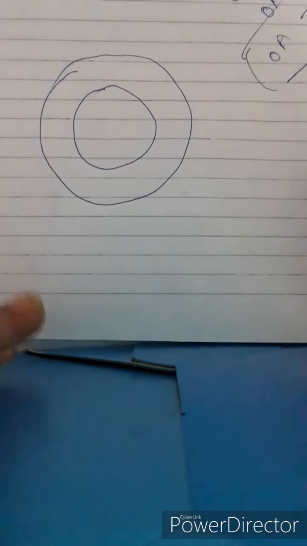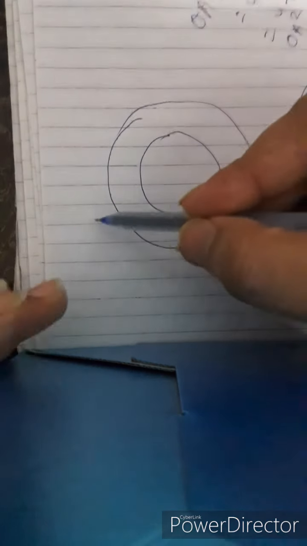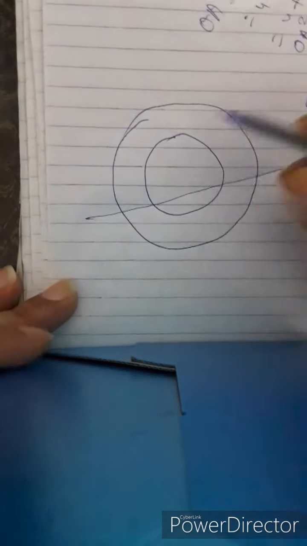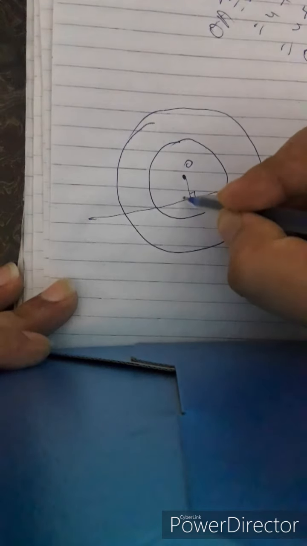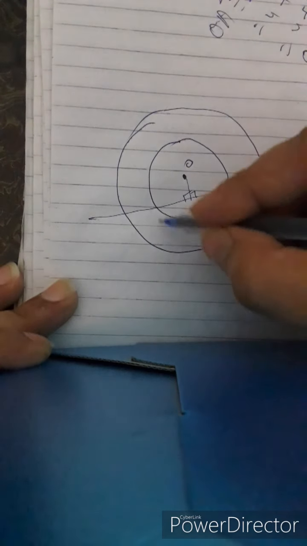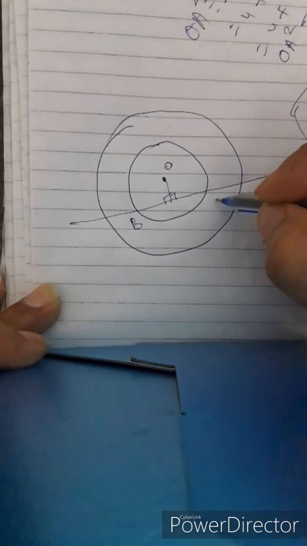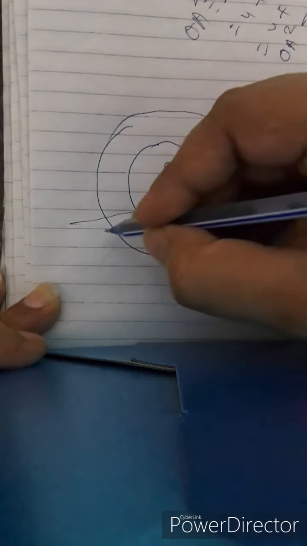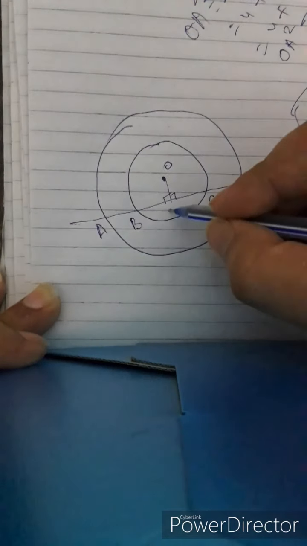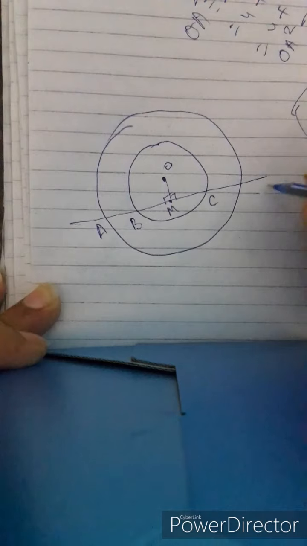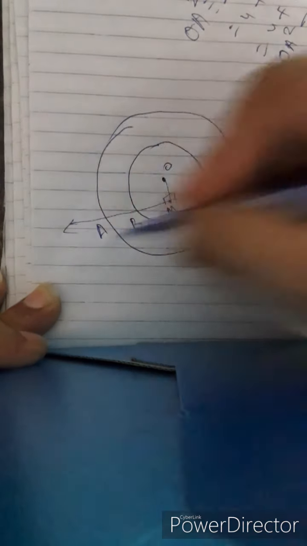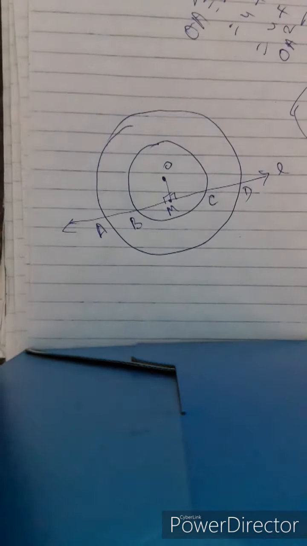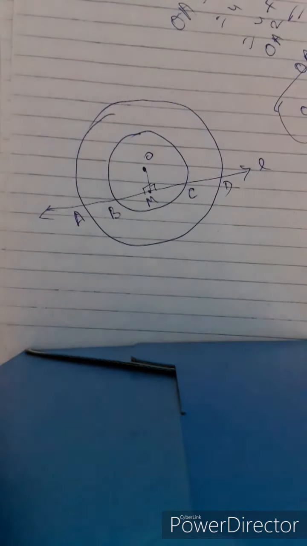These are two concentric circles, and this is the perpendicular. This is B, this is C, this is A, this is D. So this is the figure.